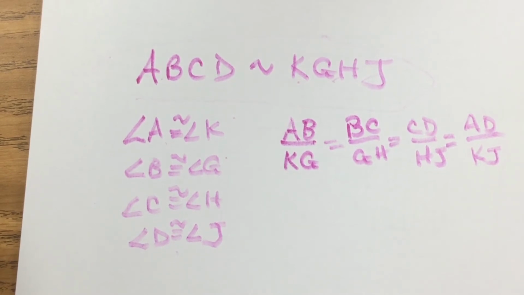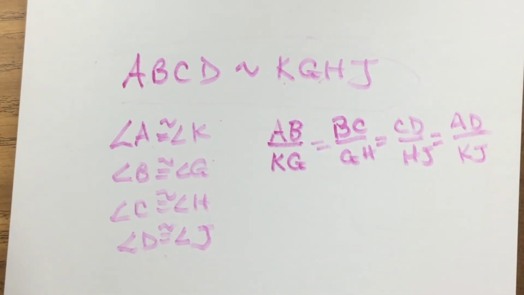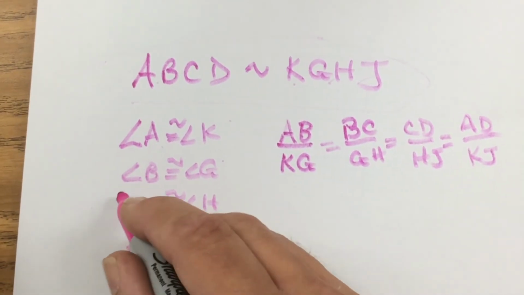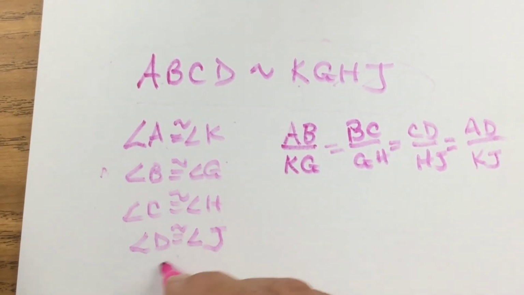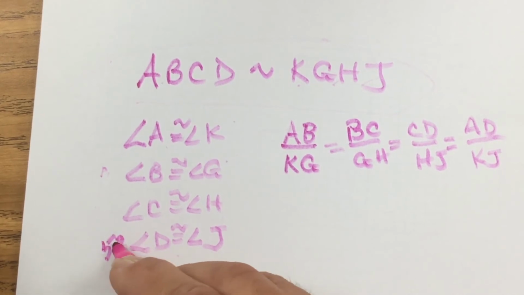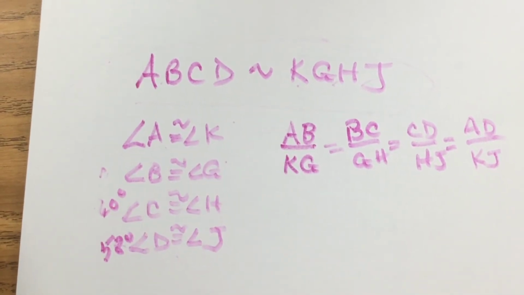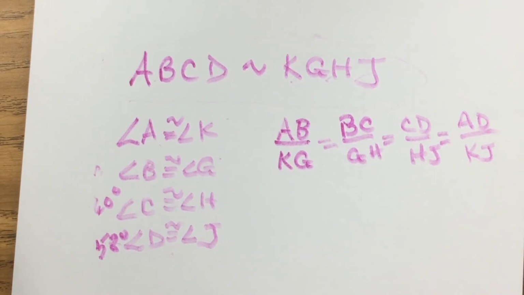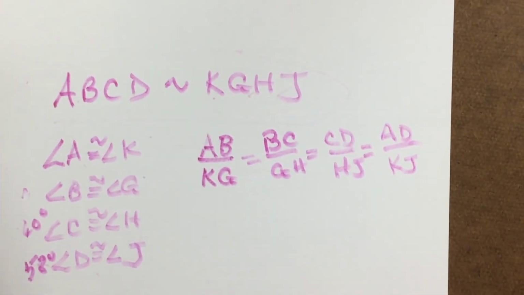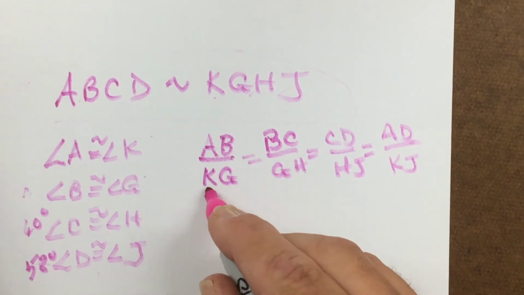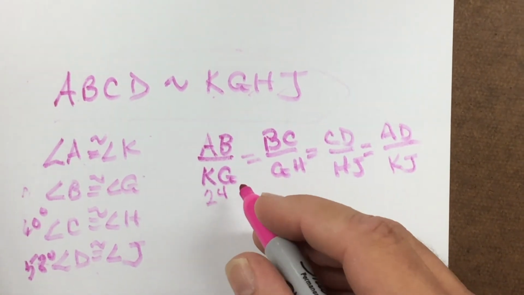Now, what pieces of information do I have from the picture? Somebody tell me. I don't have the picture in front of me. Tell me what I got. Angle D is 58. D is 58 degrees, okay. Angle C is 60. Segment GK is 24, okay.